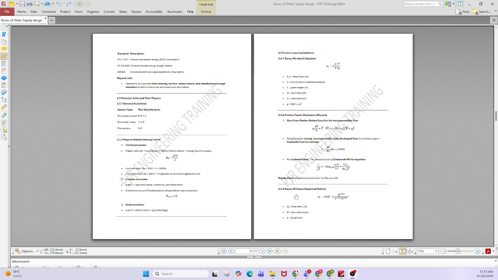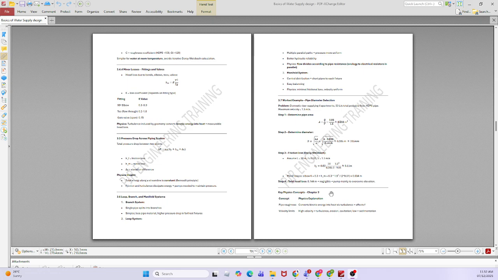Then there is also the Hazen-Williams equation to calculate your pressure drop. One method is the Darcy-Weisbach equation, another method is the Hazen-Williams equation, and another is the friction factor derivation. Use whichever is simple; it doesn't mean you have to use all three.